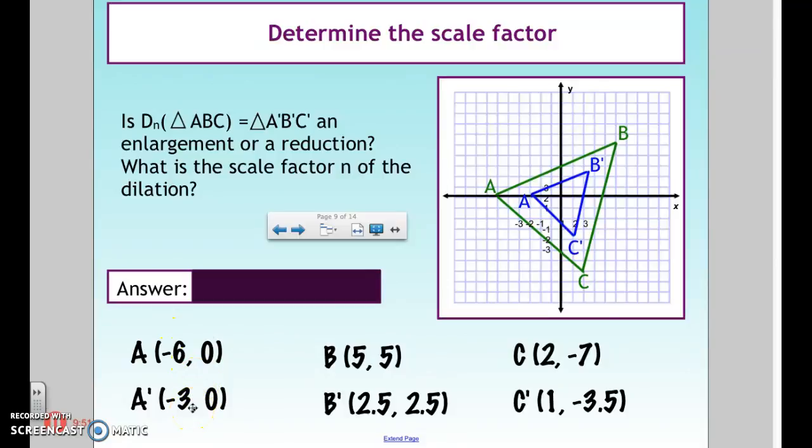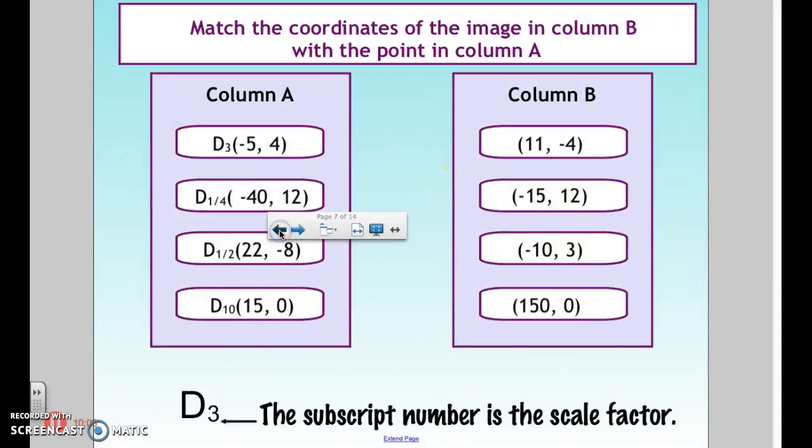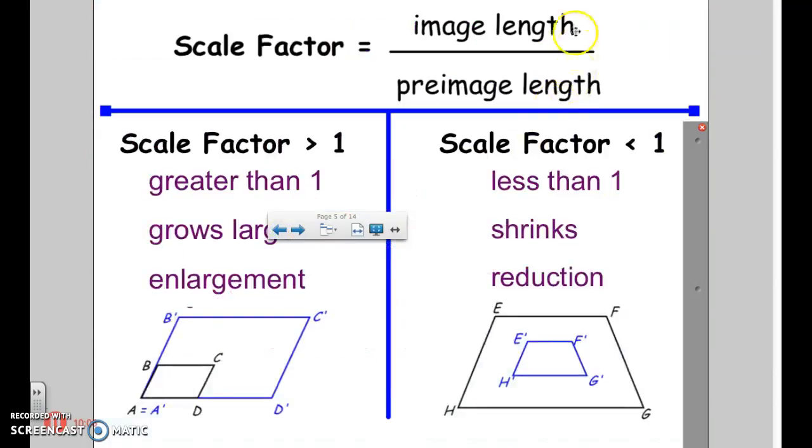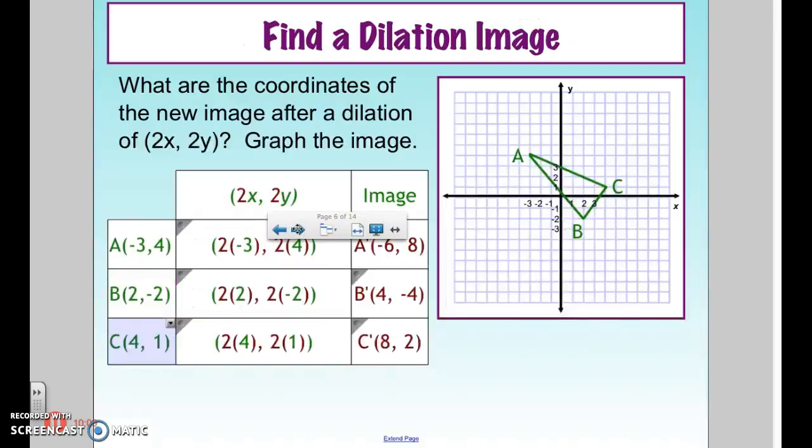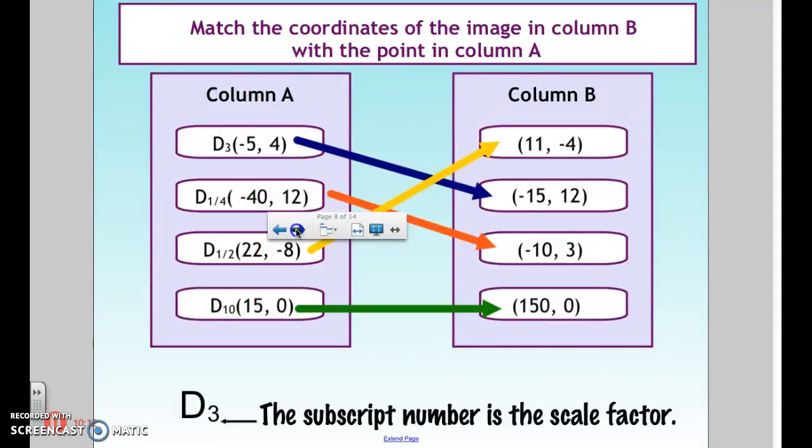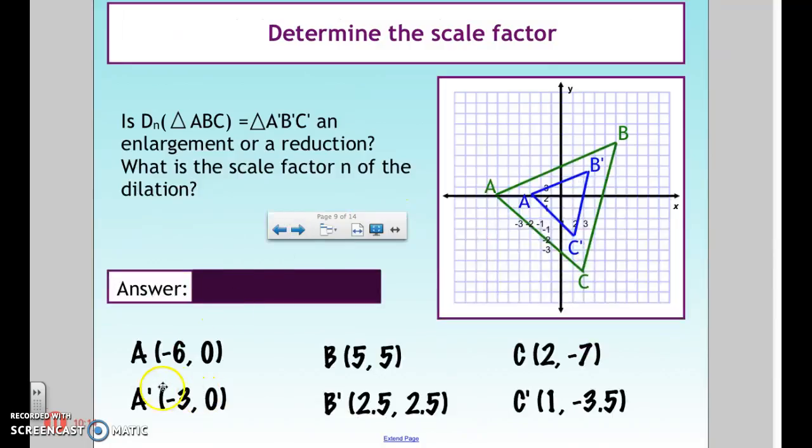To figure out if it's an enlargement or reduction, you need to take the -6 and the -3 and plug it into that formula. So let's go back and look at that formula real fast. So I take my image length over my pre-image.